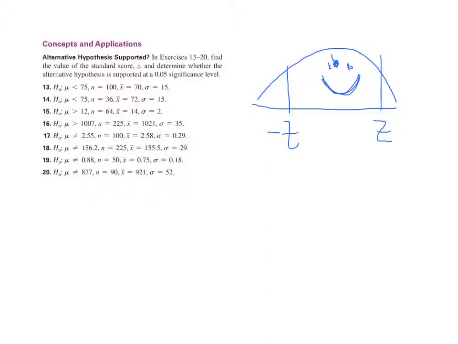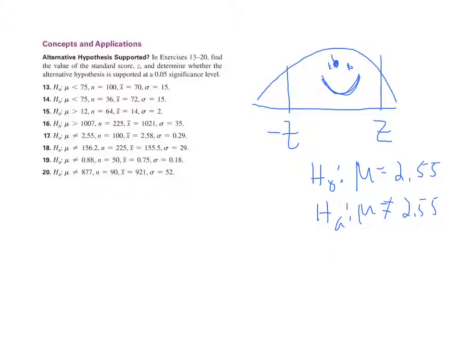So for 17, I'm going to write HO and HA. That's what I'd like you to do, especially when you're dealing with these things in context. So HO is that the mean is 2.55, and HA, they're telling us, is just different from 2.55. So we're going to find a z-score again.